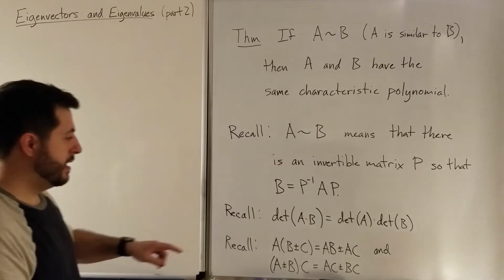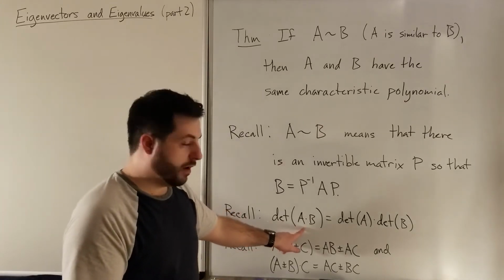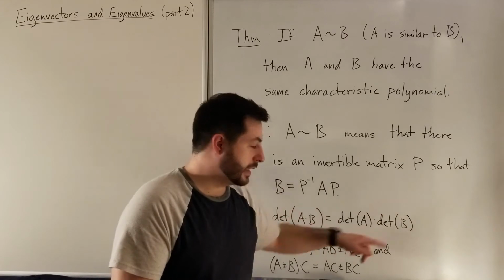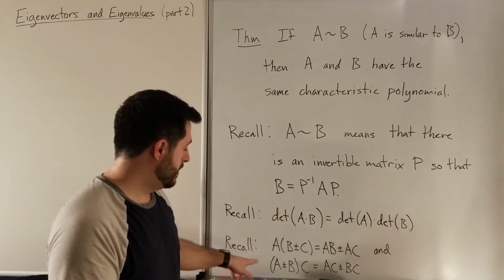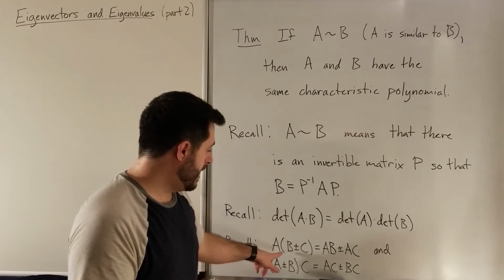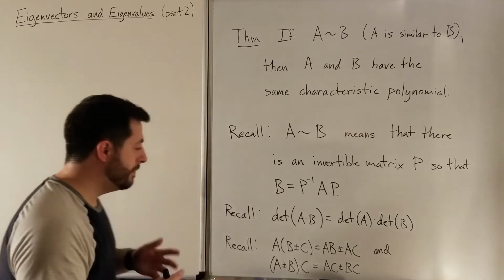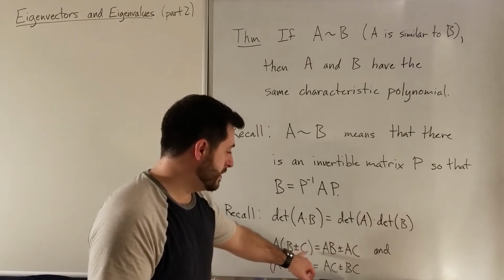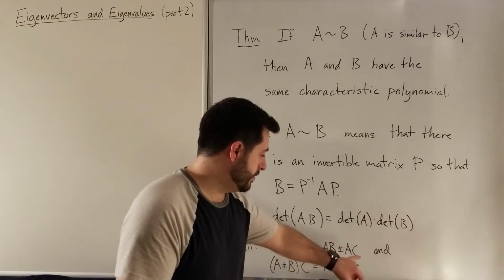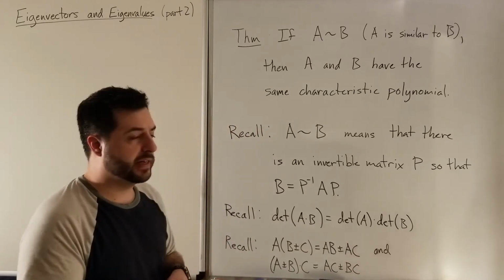Okay? So why is this true? Recall that the determinant of a product is equal to the product of the determinants. And finally, recall that A times the sum or difference of two matrices, so these are all matrices here, is equal to this thing where the A is distributed in.